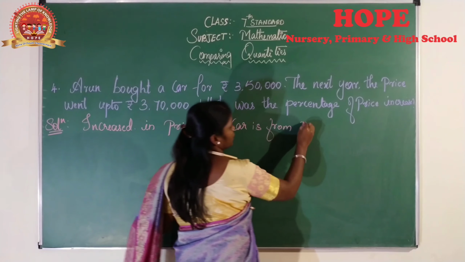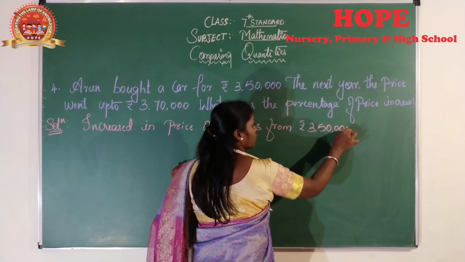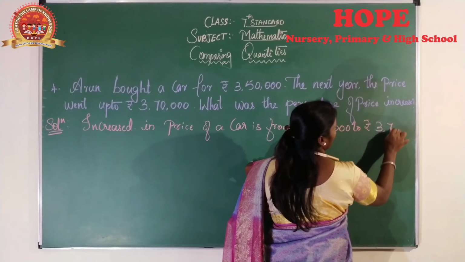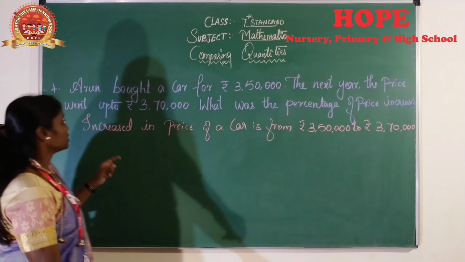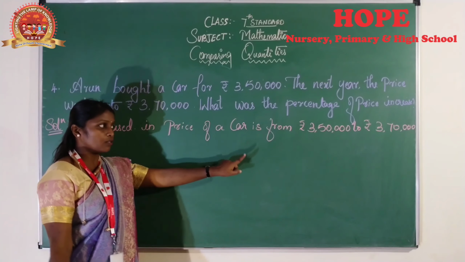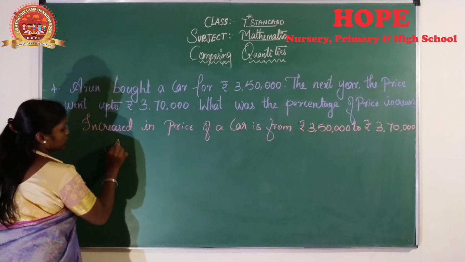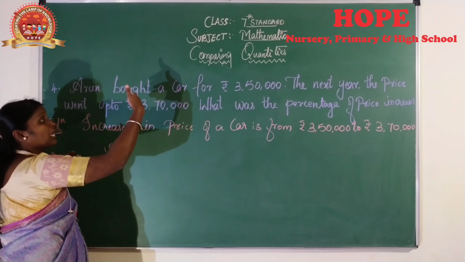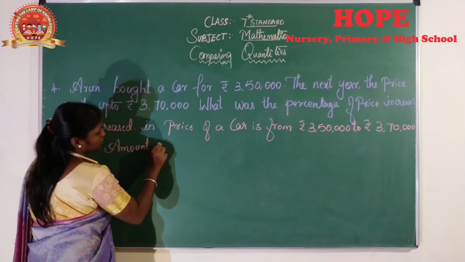From 3,50,000 to rupees 3,70,000. So there is a change of an amount, right? From 3,50,000 it has been increased to 3,70,000. How to find the amount change?